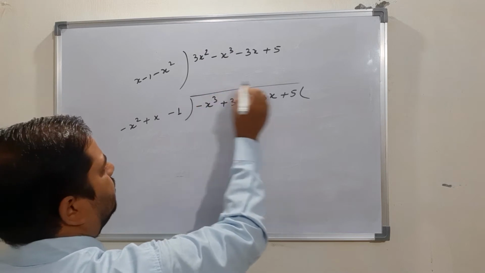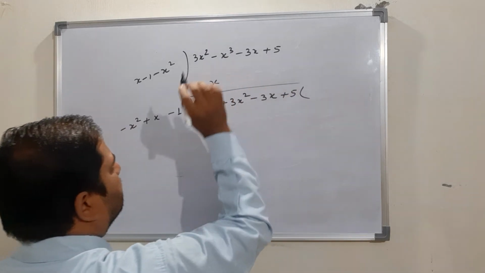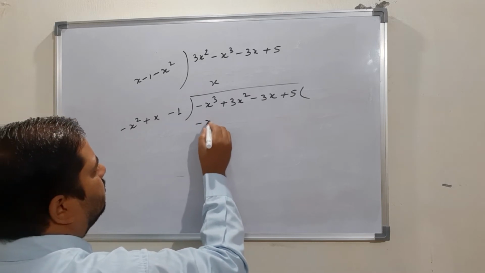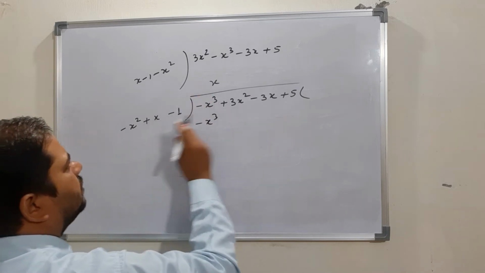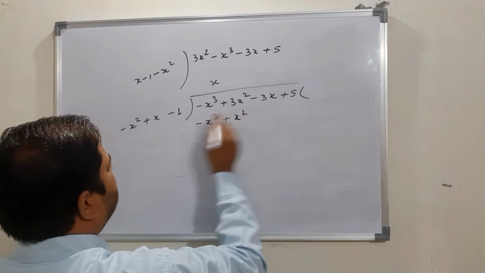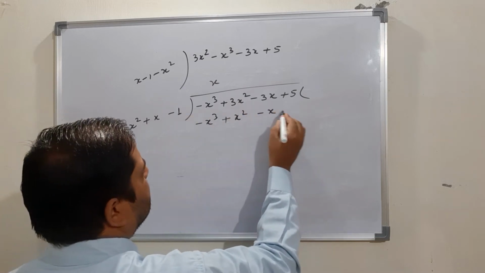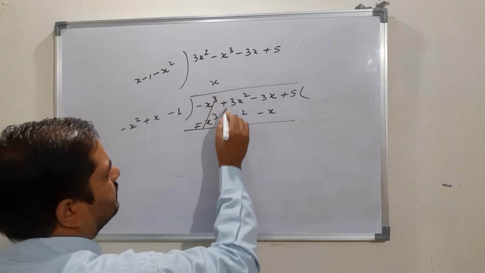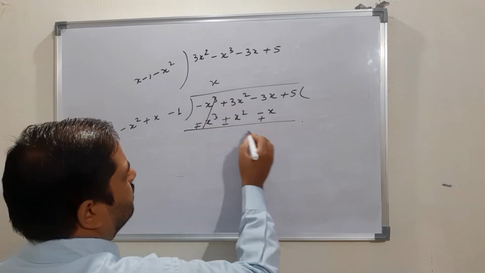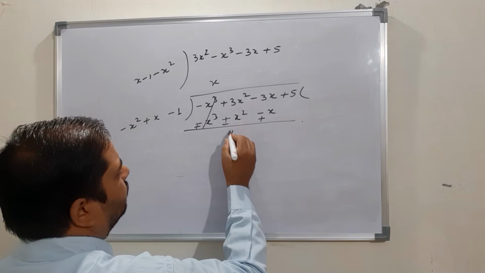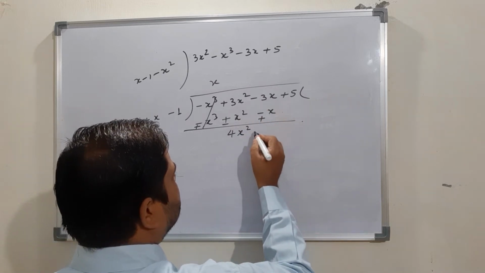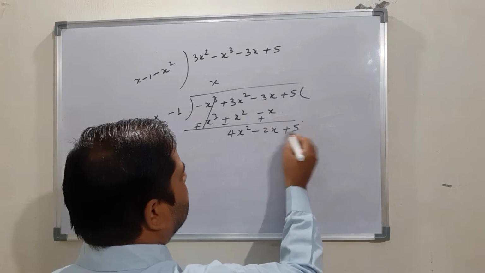So simply we have to multiply by x in this, then it will be minus x cube plus x square minus x. We have, this is minus plus, so this is 2x square, and minus 3x plus x is minus 2x, plus 5.